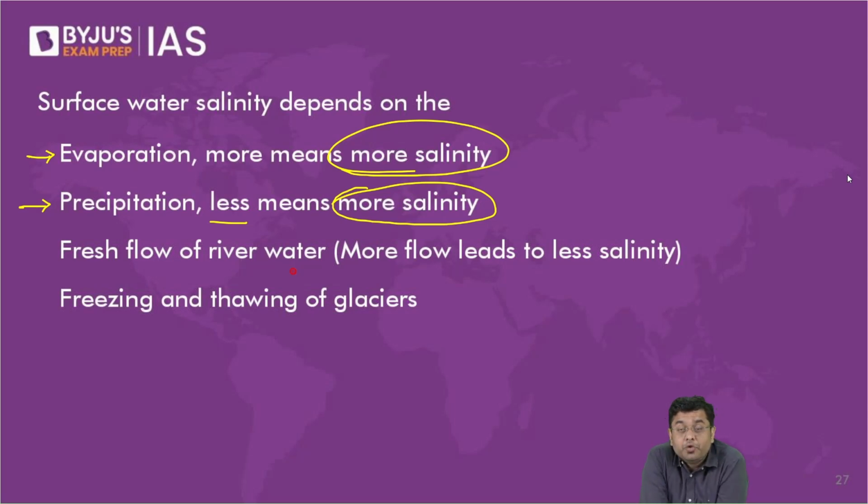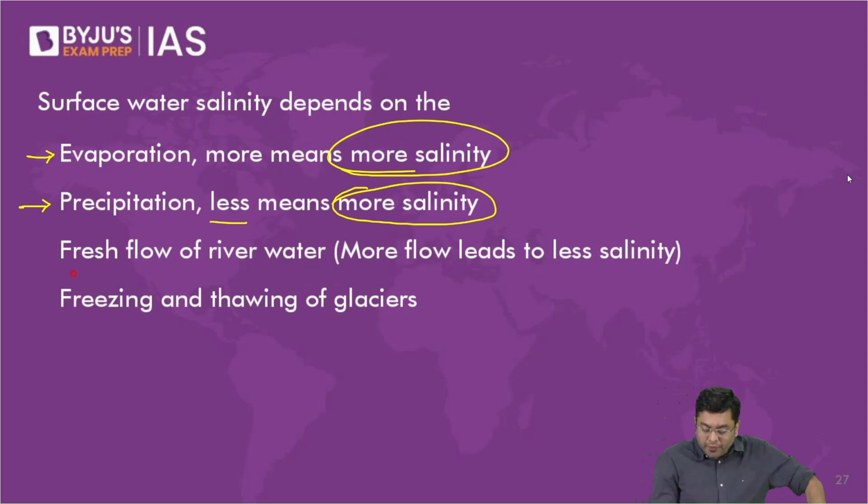But what about the temperature in those areas? Temperature is very high, so the rate of evaporation will be very high, right? So in the tropics, precipitation is very low and evaporation is extraordinarily high. That is why the amount of salinity in tropical waters is amongst the highest in the world, right? Tropical waters are amongst the most saline waters across the entire world.